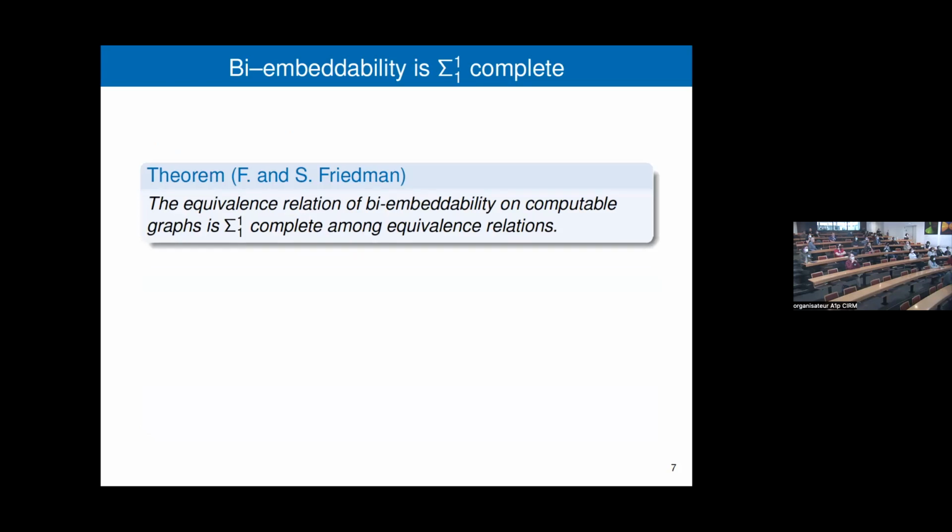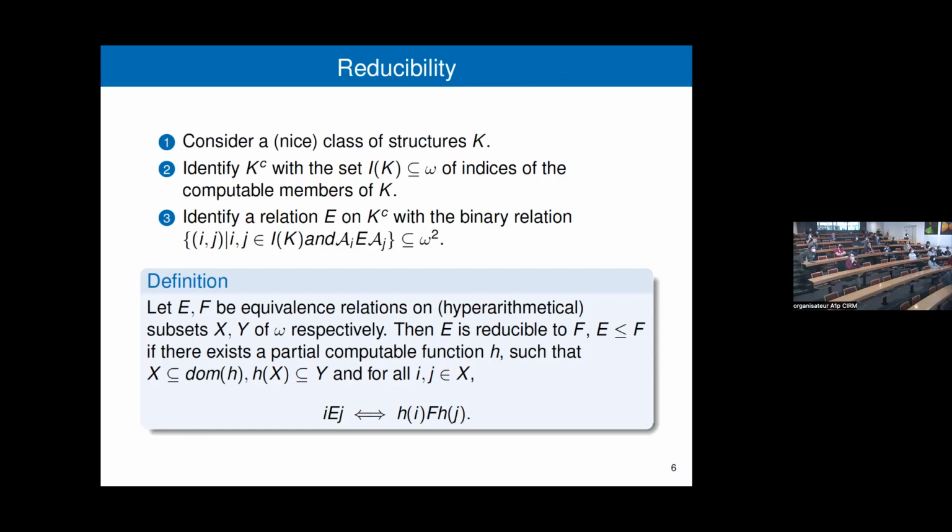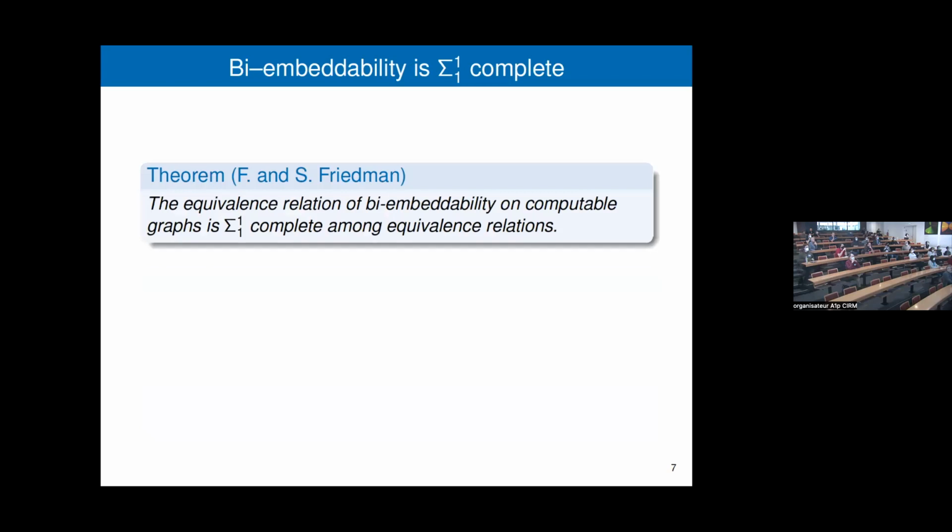If you look at this definition here, you see that if you have a class of structures with a hyperarithmetical index set, then the relation can be at most sigma 1,1, because we are talking about the existence of a computable function. And we show that the bi-embeddability relation is actually as complicated as it possibly can be. It's sigma 1,1 complete.